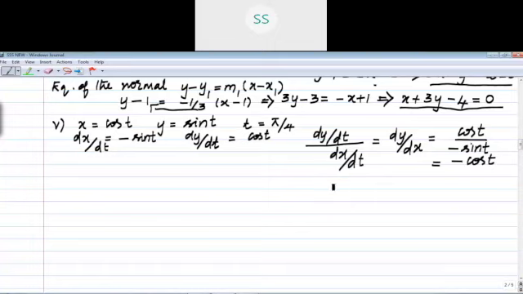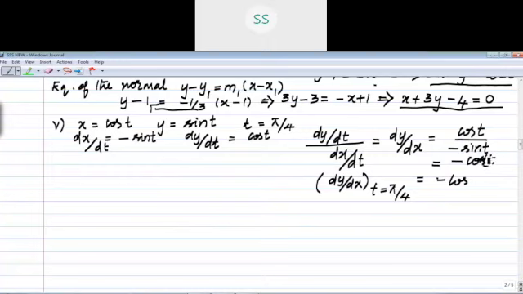Here t is given to you as pi by 4. So dy by dx at t is equal to pi by 4 is equal to minus cot t, sorry children.